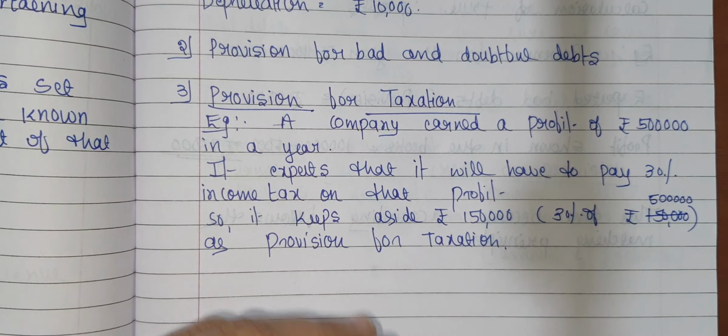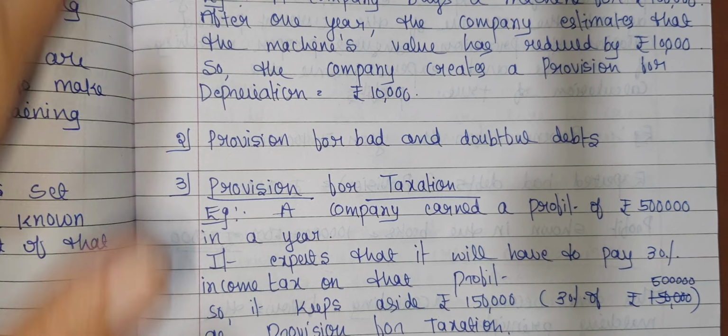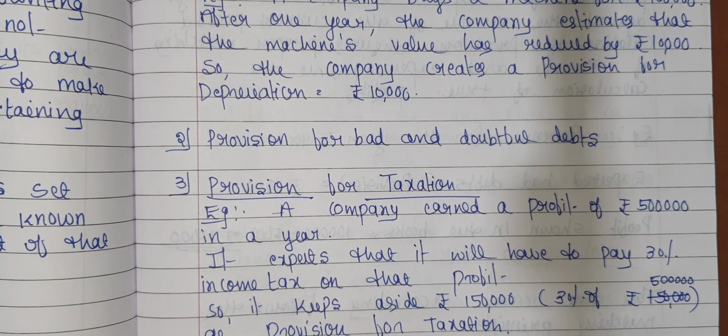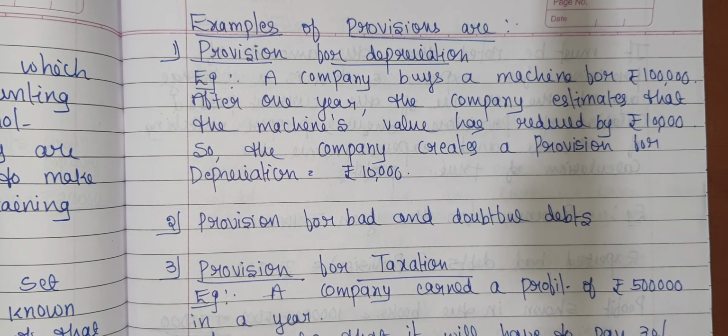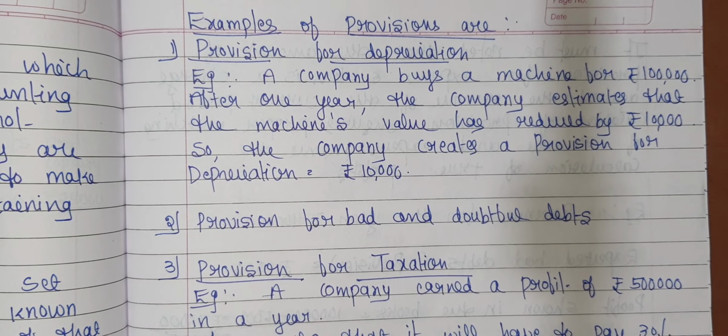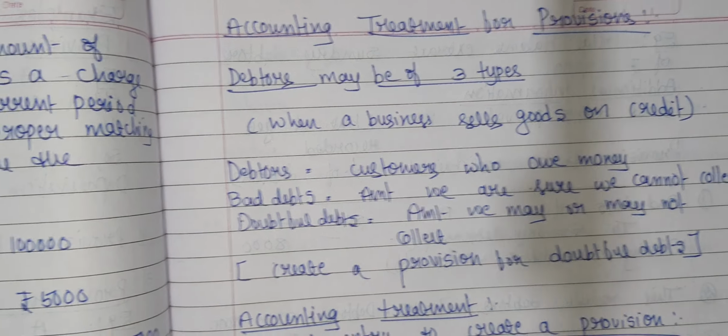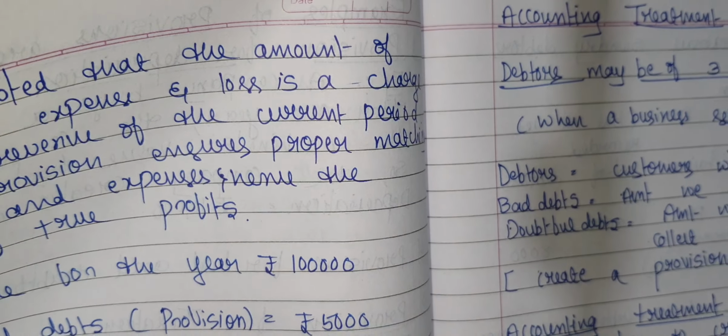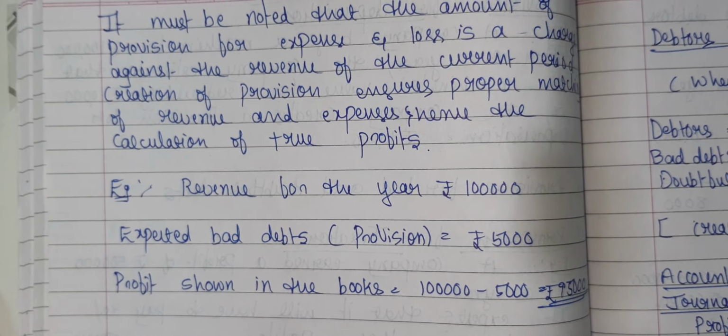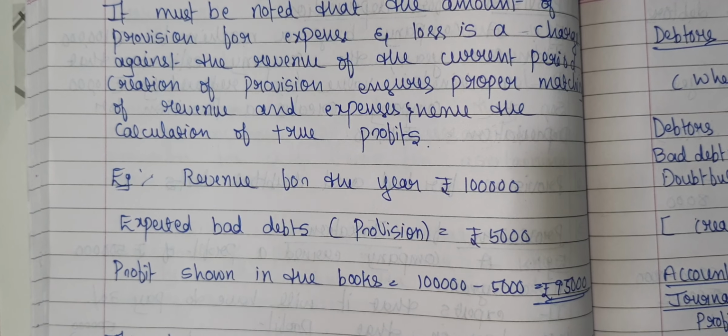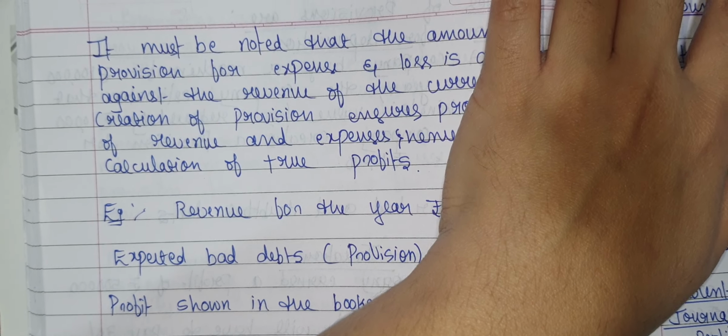Clear? So these are some examples of provisions. They are provision for depreciation, provision for bad and doubtful debts, and provision for taxation. Clear? Now let's see one important point under provision.